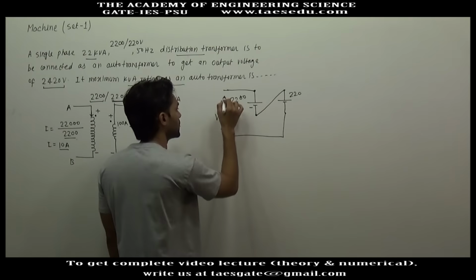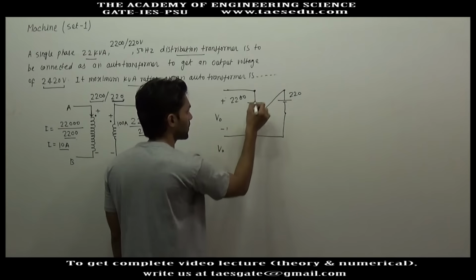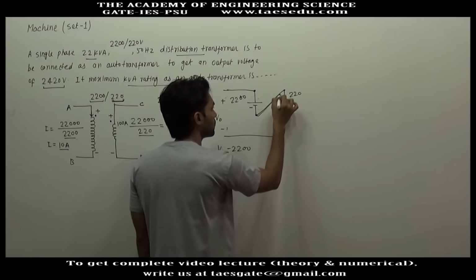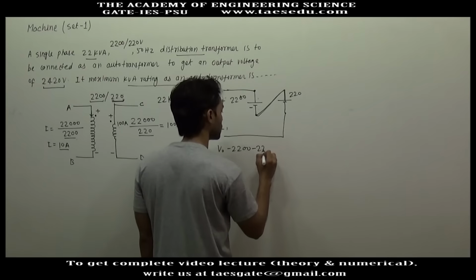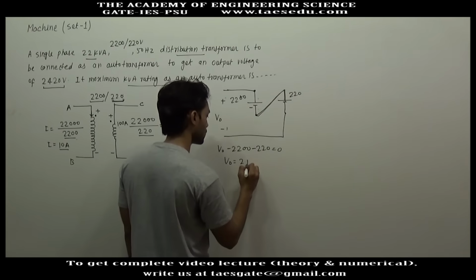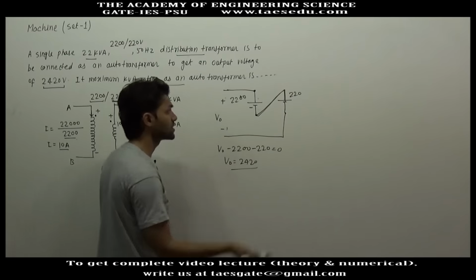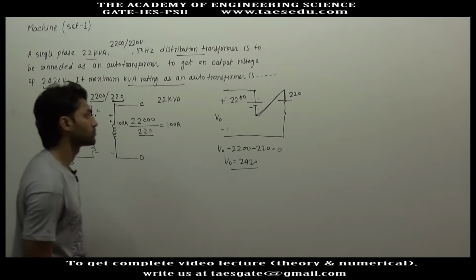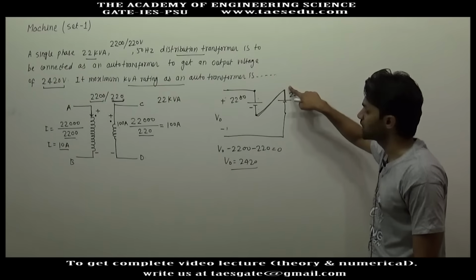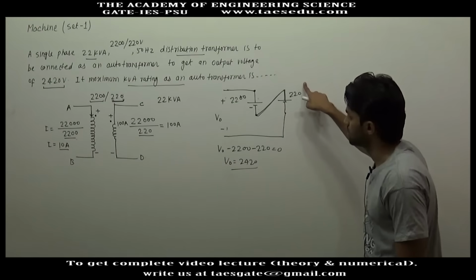Here you will have a gain of V0, here you will have a drop of 2200. Now move, again you will have a drop. So V0 will be 2420. So to get the summation, we need to connect the negative terminal of the first voltage source to the positive terminal of the other voltage source.